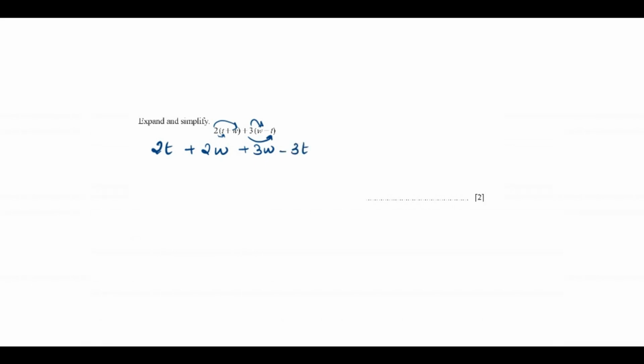Here we can have one more step with the like terms. 2t minus 3t is minus 1t. Okay, plus 2 minus 3 makes a minus 1. Then you have 2w plus 3w, that would give us a 5w. So my final answer becomes minus 1t plus 5w.